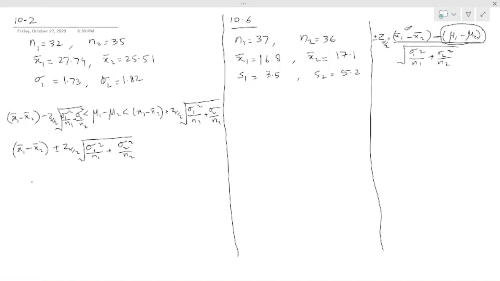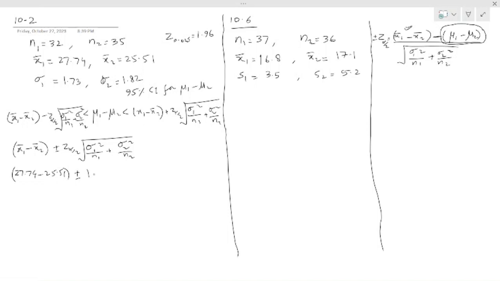Now I am substituting the values: 27.74 take away 25.51 as the difference between the two sample means. Let's assume that we are asked to construct a 95% CI for mu1 minus mu2. Then the z value corresponding to 95% CI is z with subscript 0.025, which gives us 1.96.